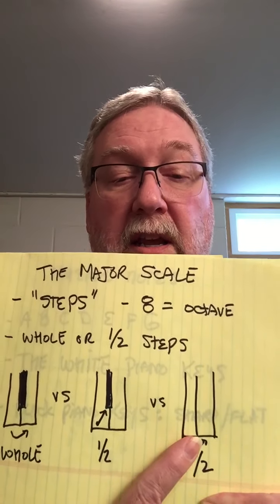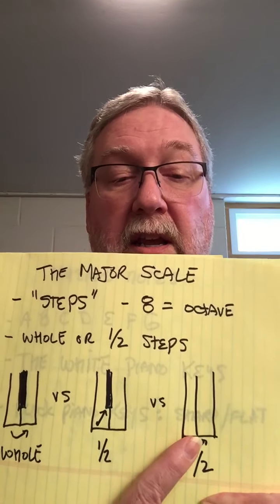Now, the one important thing to recognize here is that there are recurring places on the piano keyboard where there's no black key between adjacent white keys, and that's between the notes B and C and the notes E and F.